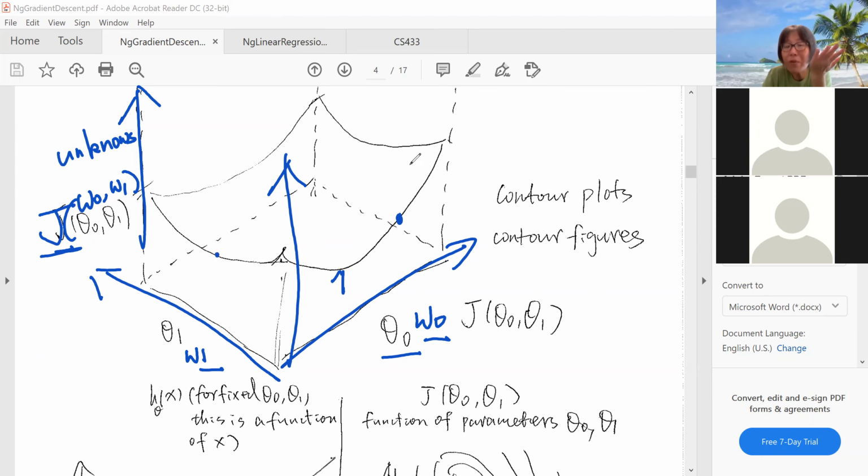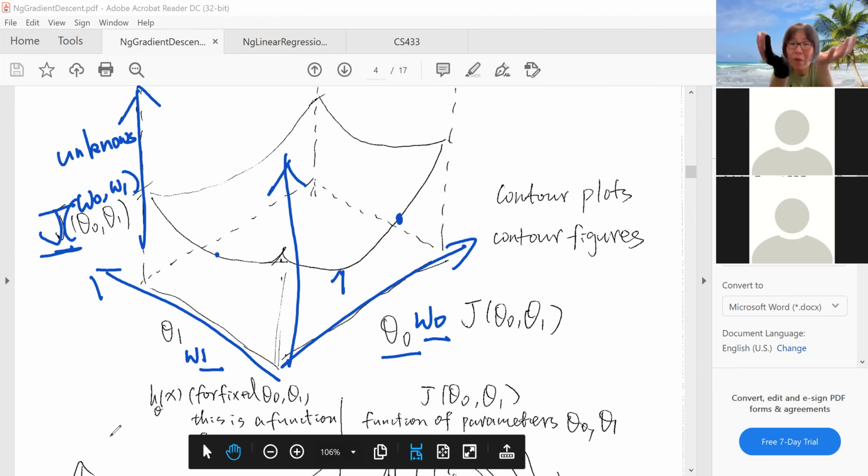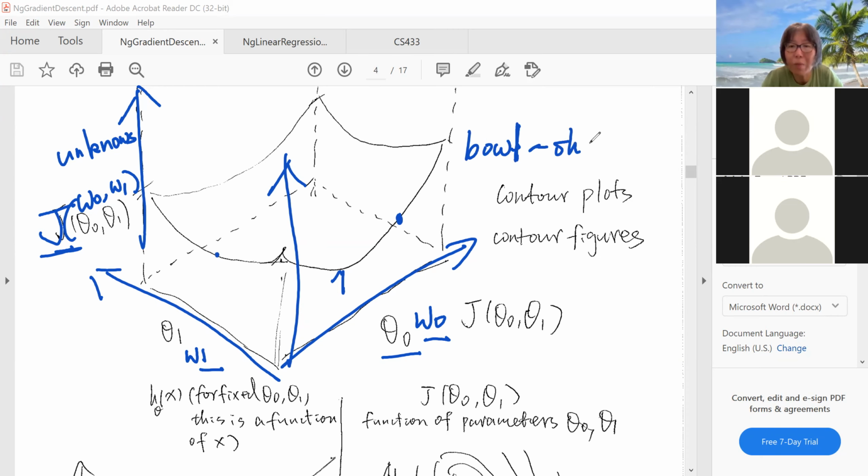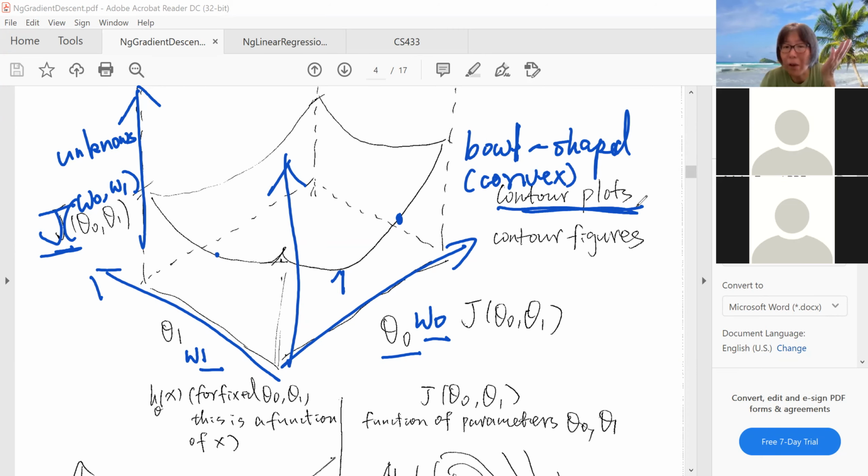But even with this, we can see it's kind of bowl shaped, and all convex. So this is the contour plot, 3-dimensional.